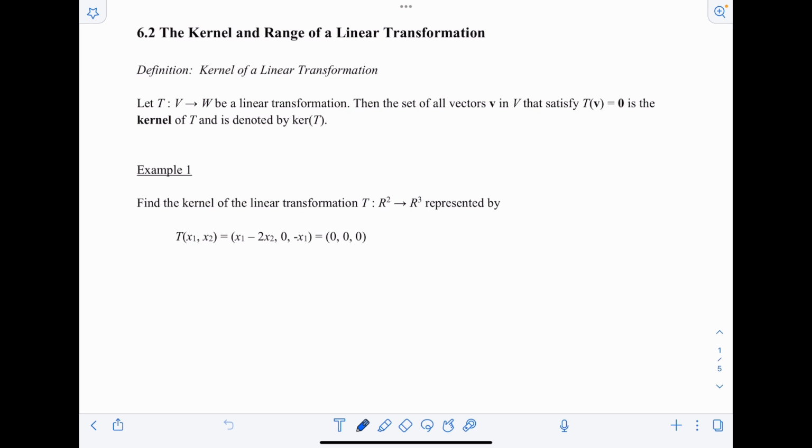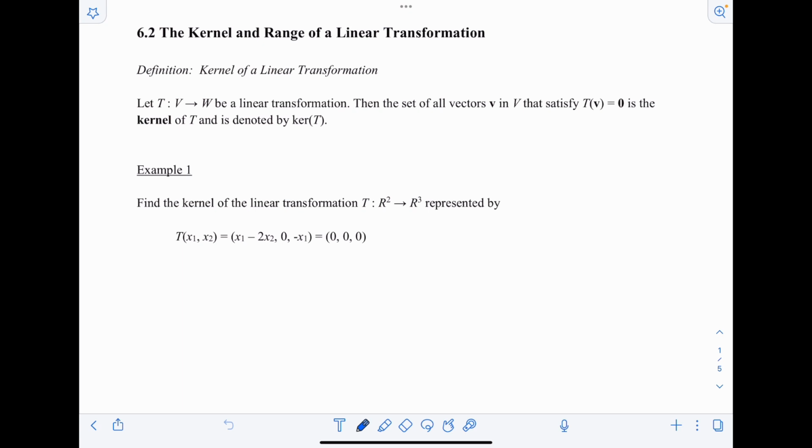So we're going to start right off with the definition of a kernel of a linear transformation. It says, let T be the linear transformation such that V maps to W. Then the set of all vectors v in V that satisfy T of v equals 0 is the kernel of T and is denoted by ker T. All right, so notice the kernel is just the set of all vectors.